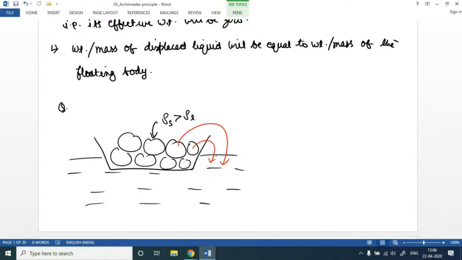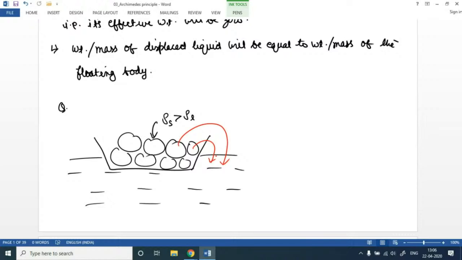So previously they were displacing liquid equal to their weight, and finally they are displacing liquid equal to their volume. Obviously the liquid equal to their weight would be greater than the liquid equal to their volume.